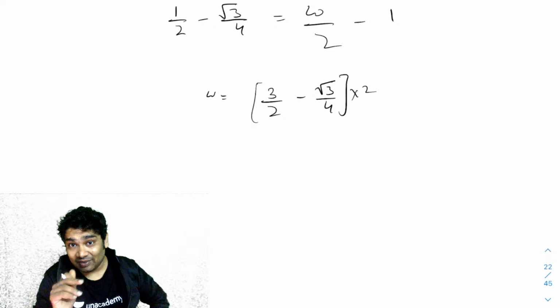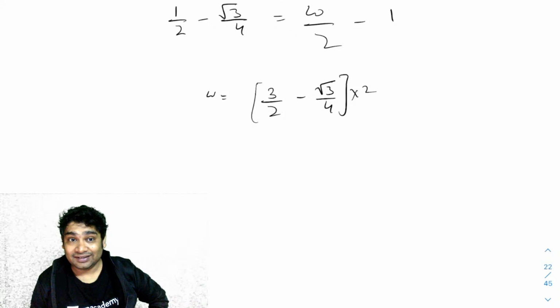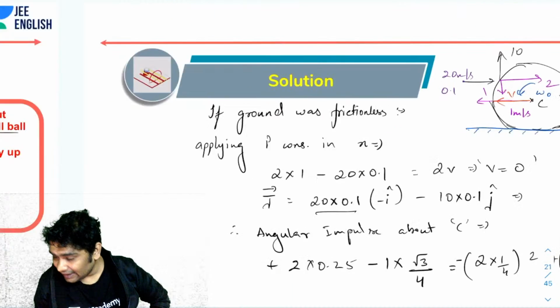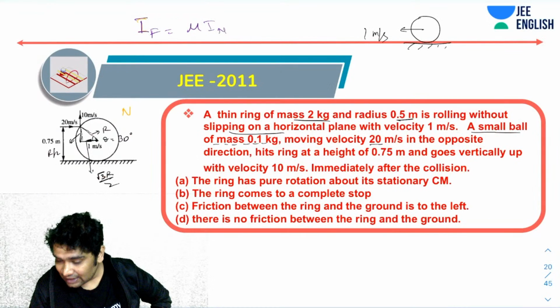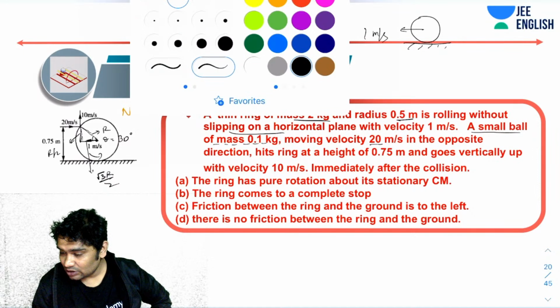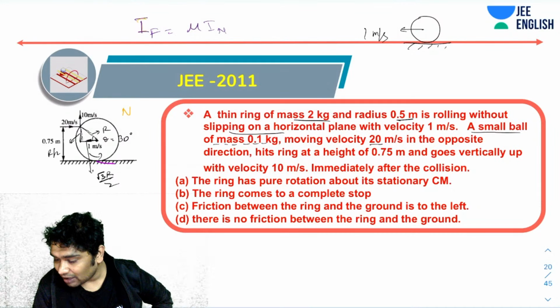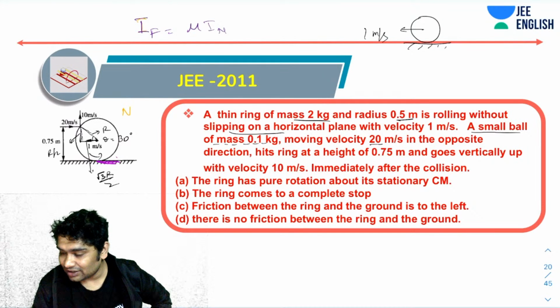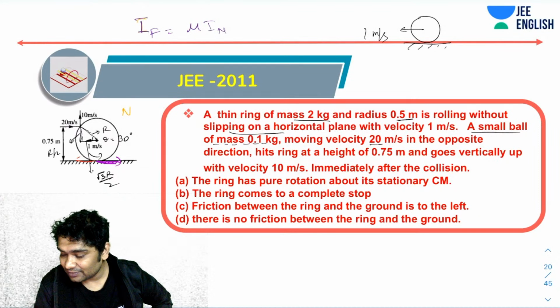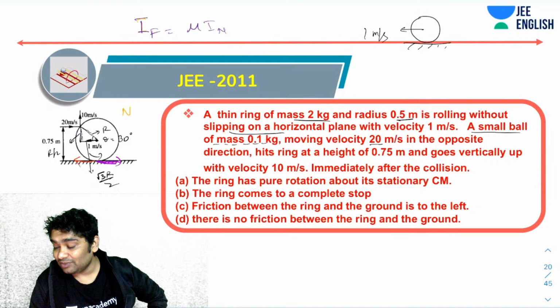If you still have a positive omega, then this guy has a tendency of slipping backward. So if this has a tendency of slipping backward, then you would have had a frictional impulse towards the left. Okay, so friction between the ring and the ground is to the left.